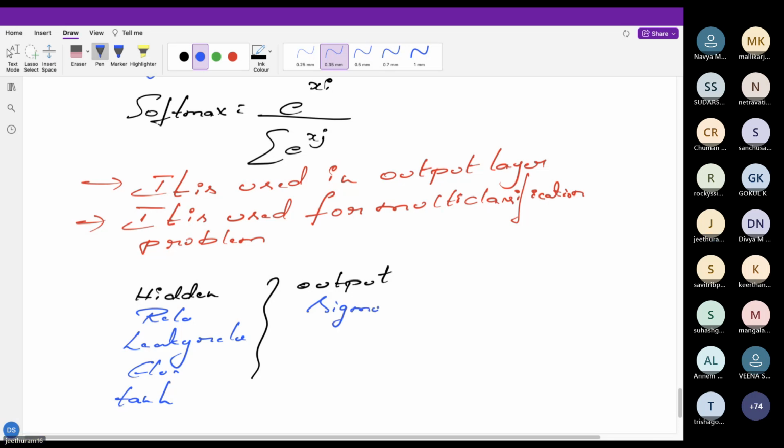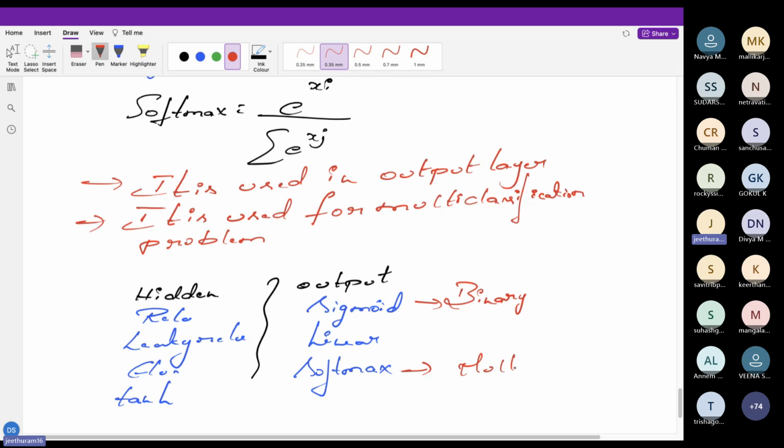Sigmoid, linear, softmax are used in the output layer. We know sigmoid is basically for binary, softmax for multi-class. Got it? Understood? Clear about our activation functions?